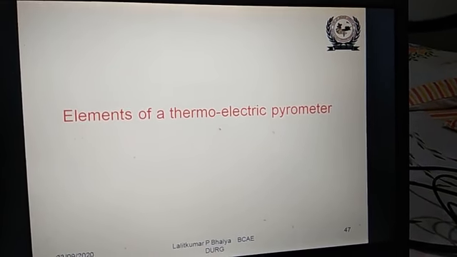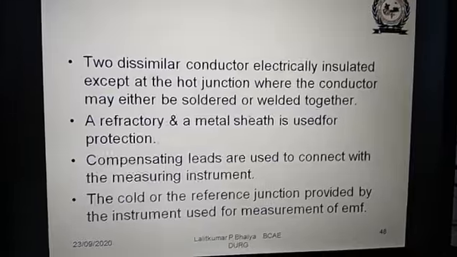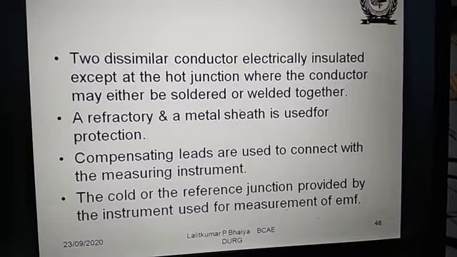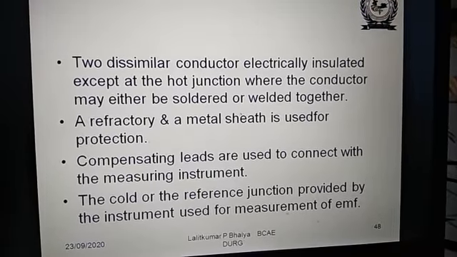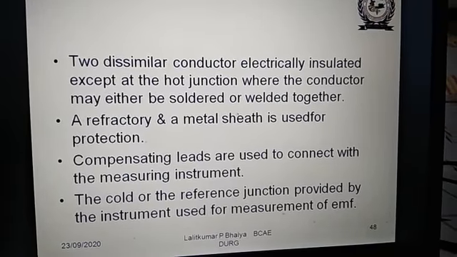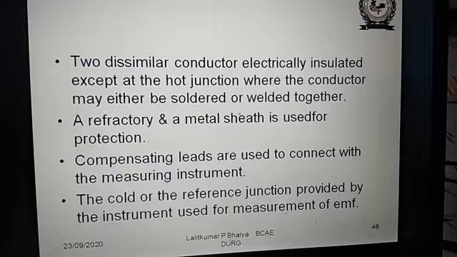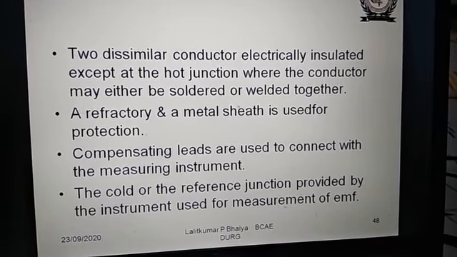Then elements of thermoelectric pyrometer, this we have to see. Two dissimilar conductors electrically insulated except at the hot junction where the conductors may either be soldered or welded together.